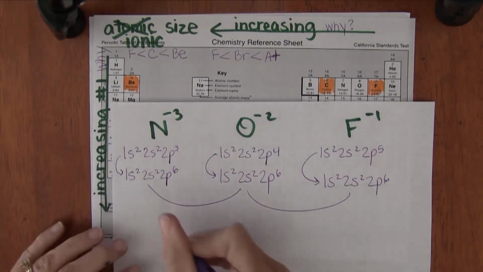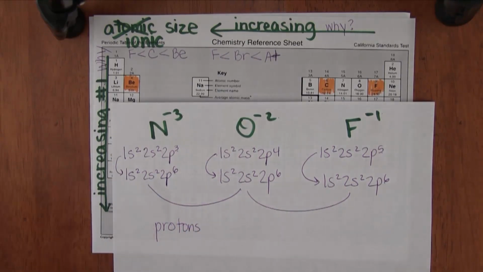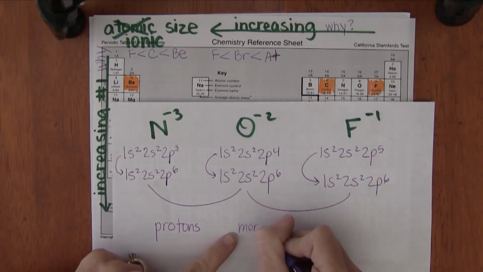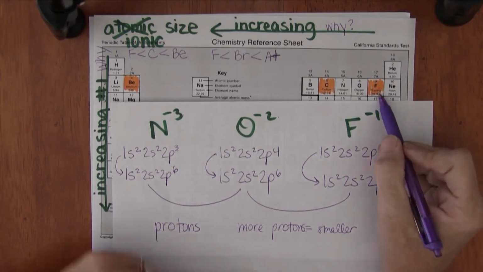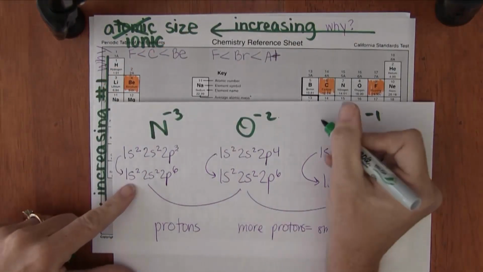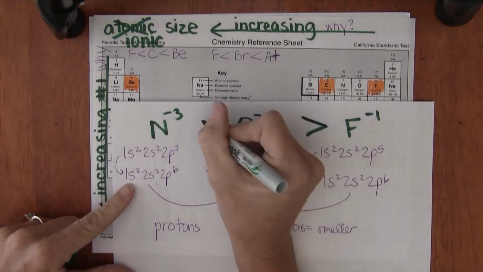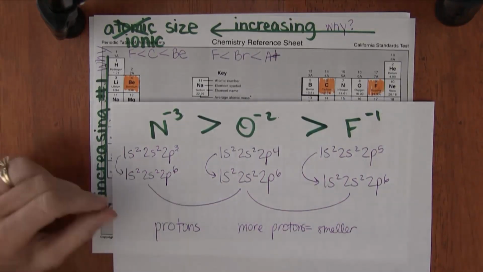And I said when there's a tie in electron configurations, then we're going to look at protons. More protons equals smaller. So I look, fluorine has 9 protons, oxygen has 8, and nitrogen has 7, which means fluorine will be smaller than oxygen, which will be smaller than nitrogen. And that's how that's going to work.